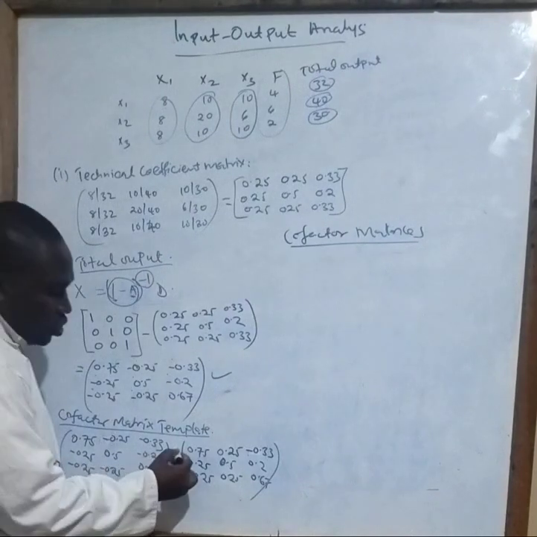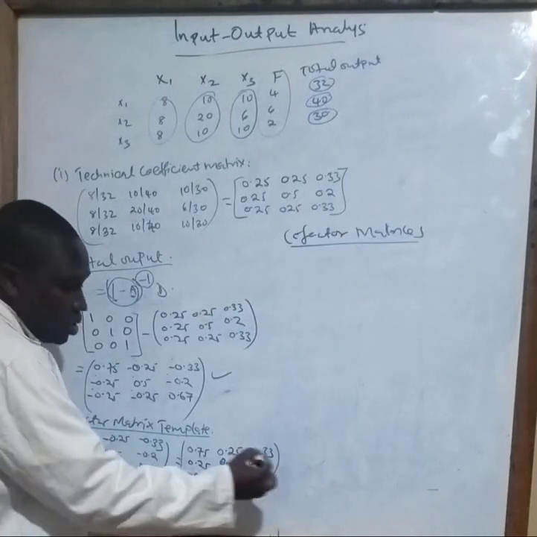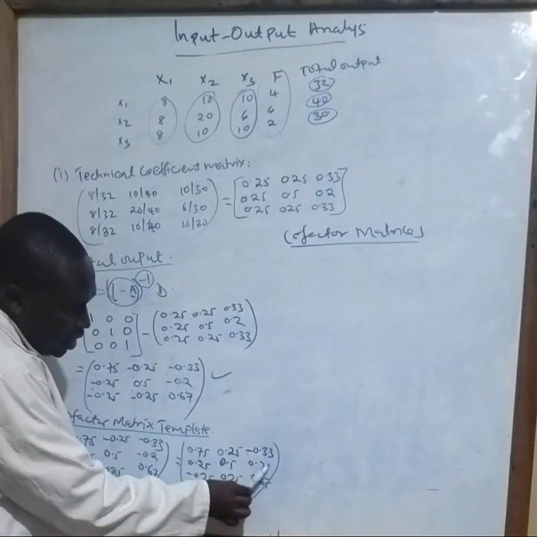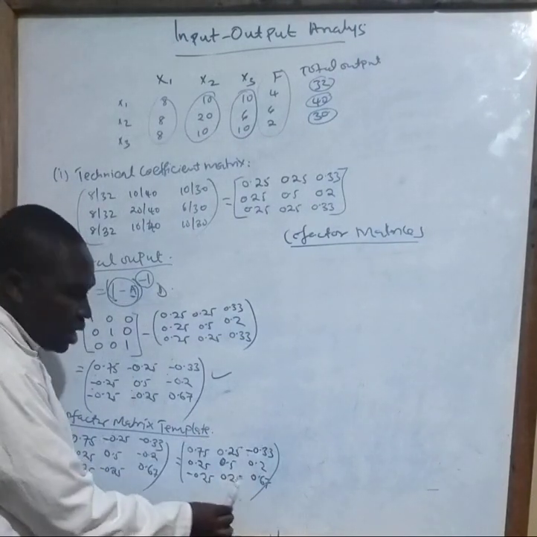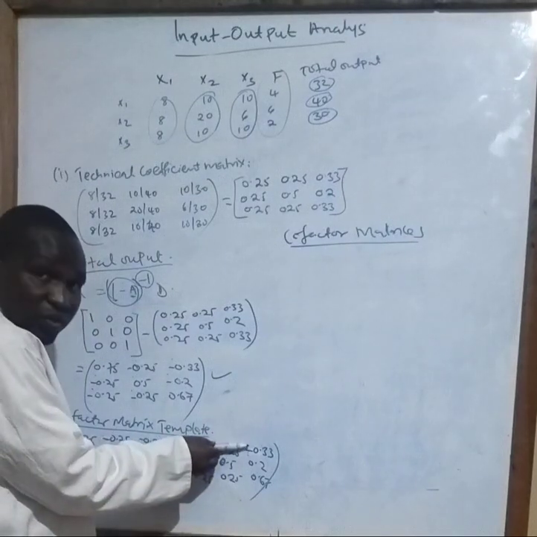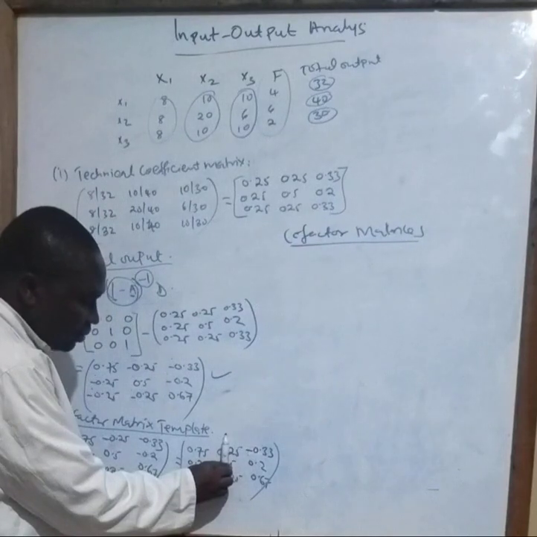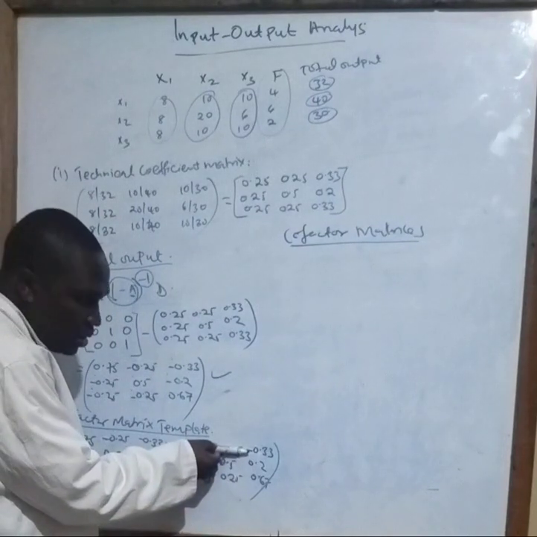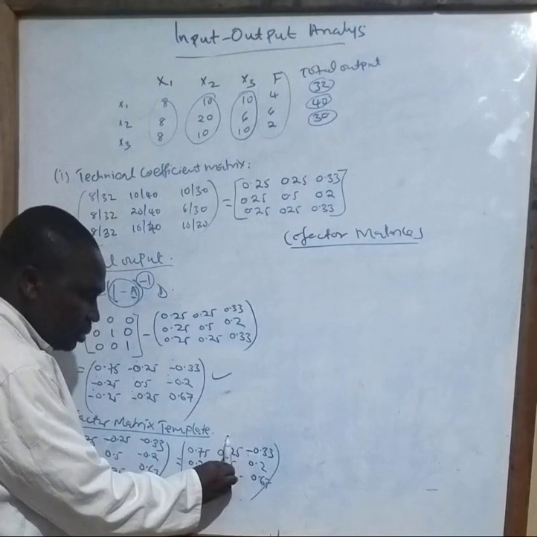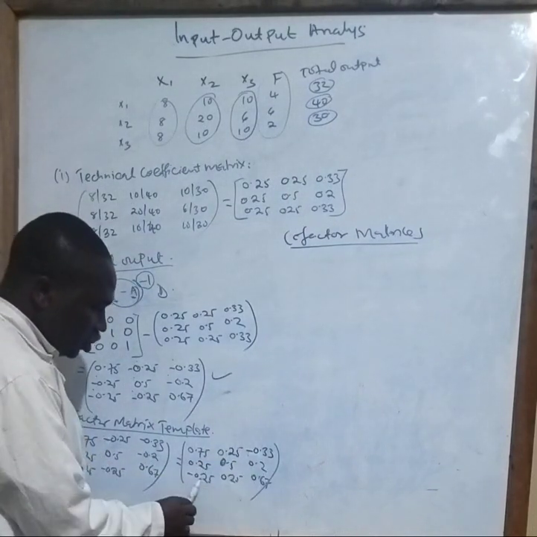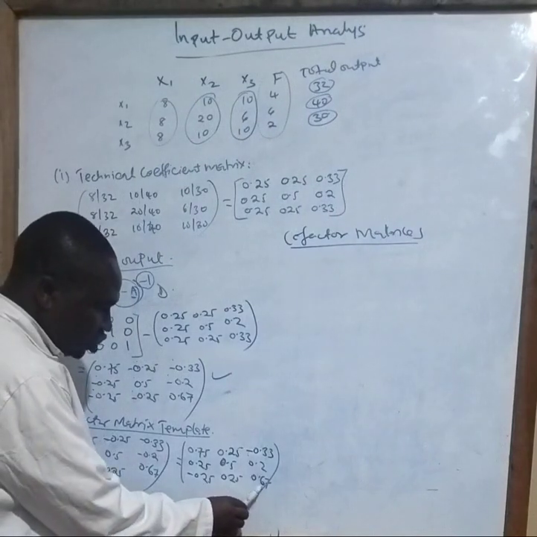You close the first row and the first column, cancel like that, so you close this and this, you get this. Then you go to the second: close the first row and the second column. What is remaining is 0.25, 0.2, 0.25, and 0.67.